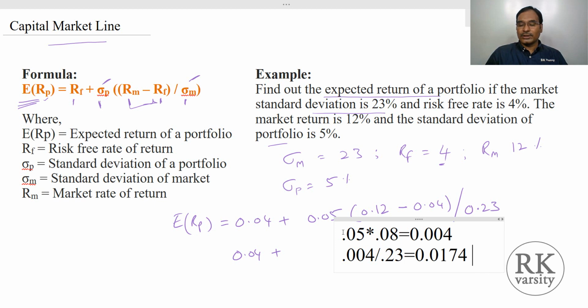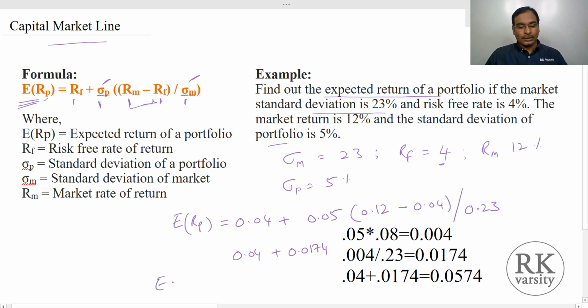So that is 0.0174. Then your expected return is 0.04 plus 0.0174, so 0.0574.